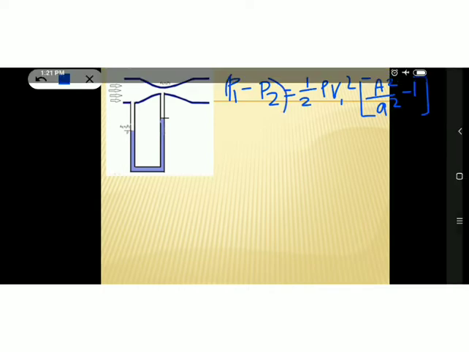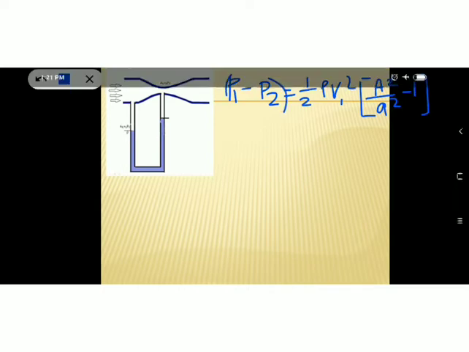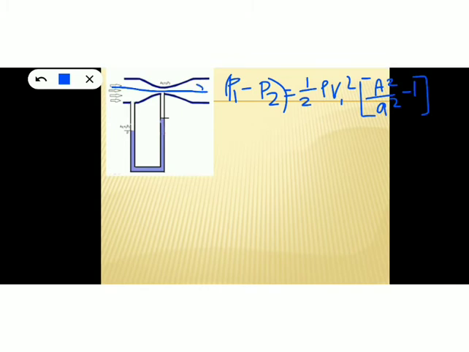Whenever liquid flows through this horizontal tube, a pressure difference is experienced, because region 1 is a broader one and region 2 is a narrow one. So due to the difference in area, a pressure difference is experienced, and due to that pressure difference the liquid level in the manometer tube will change.